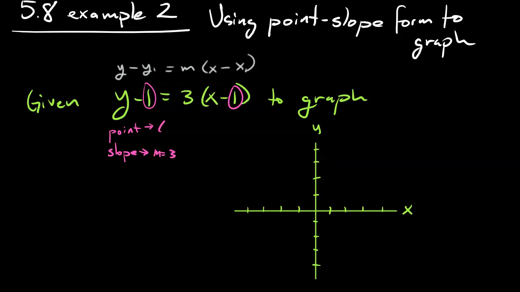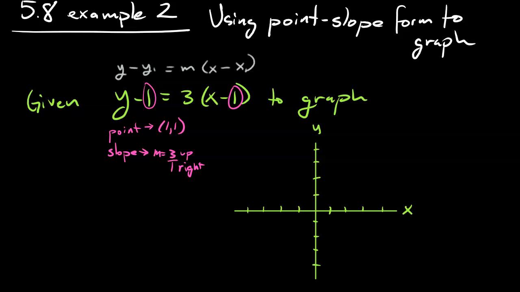That was the harder part to catch. So it would be the point 1, 1. But very good. And then the slope, it's not written as a fraction, so I'll write it as a fraction. It's a positive 3, so that would be up 3. It's a positive 1, so that would be right 1. So it's rise over run.